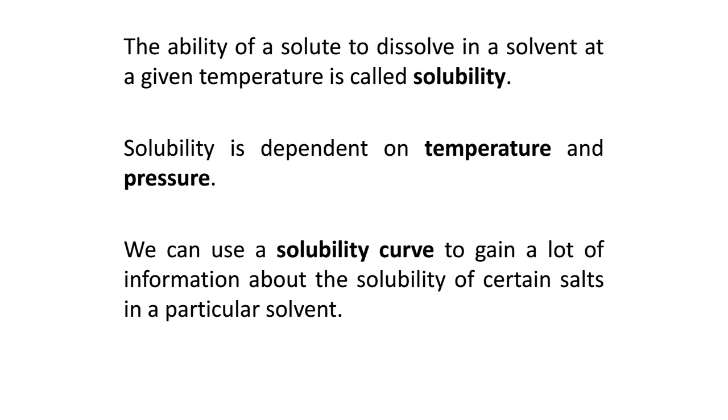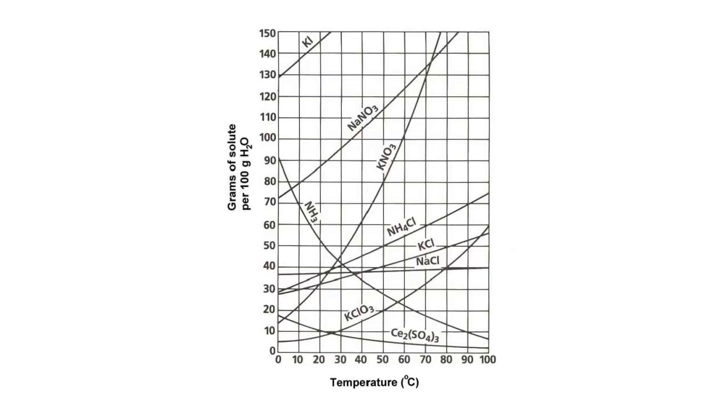For gases, it's dependent on temperature and pressure. We can use a solubility curve to gain a lot of information about the solubility of certain salts in a particular solvent. This is a solubility curve, and this one is in 100 grams of water, so that number's not going to change.